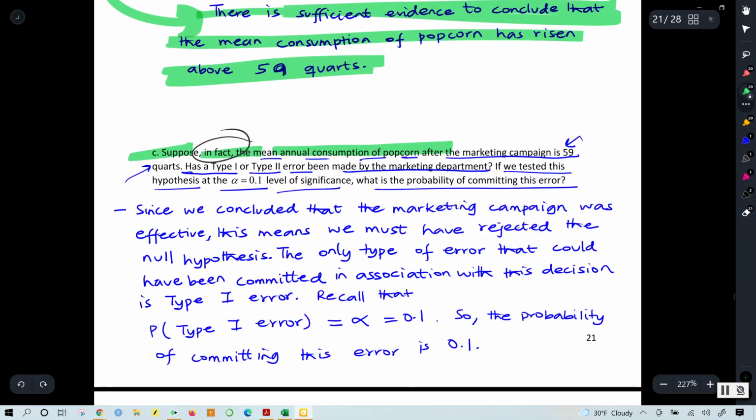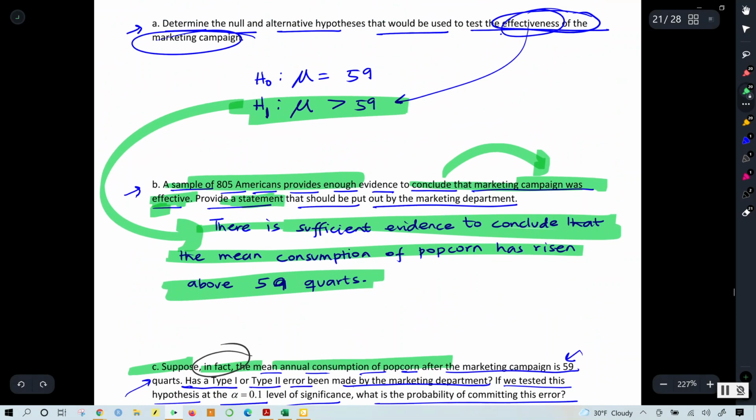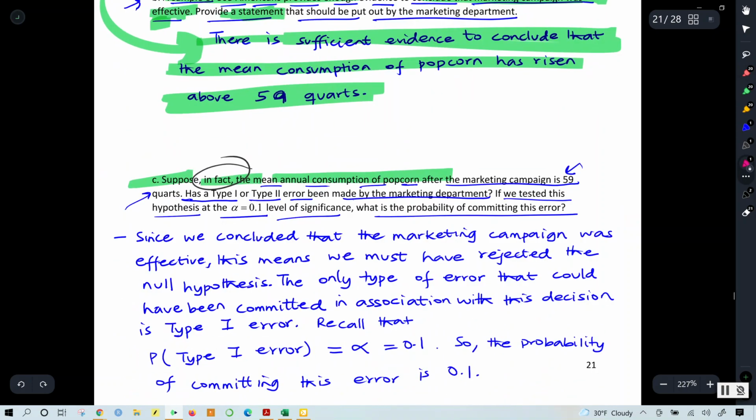Something to immediately notice before answering this question is that earlier we had said that we concluded that the marketing campaign was effective. If we said it was effective, it means that we had enough evidence for the alternative hypothesis, and that means we must have rejected the null hypothesis. So that is the argument developed here.